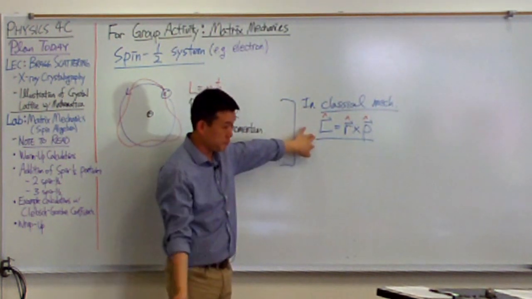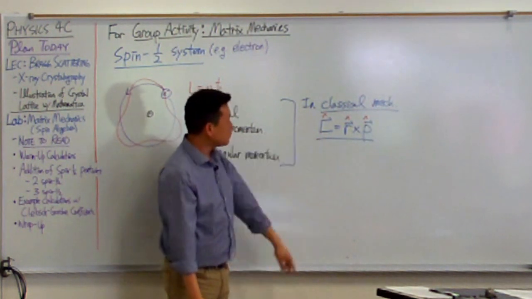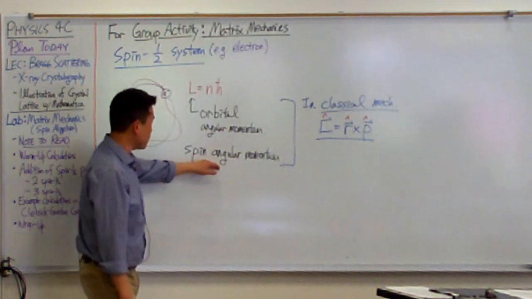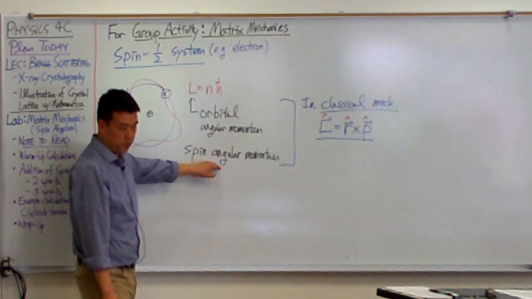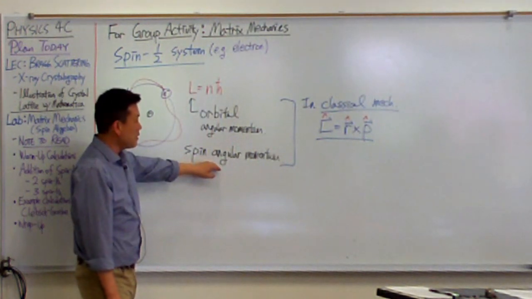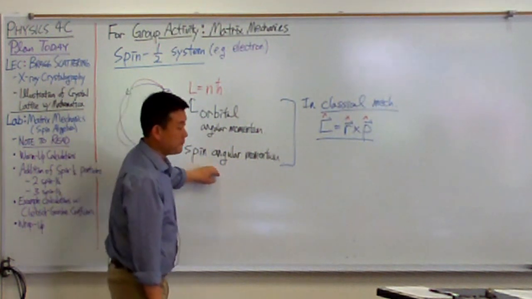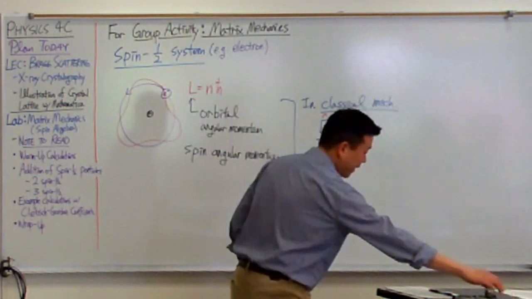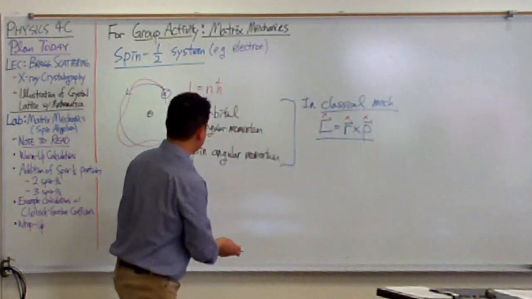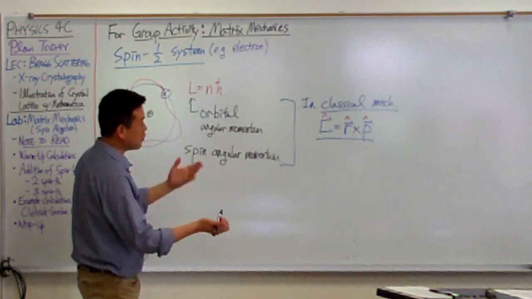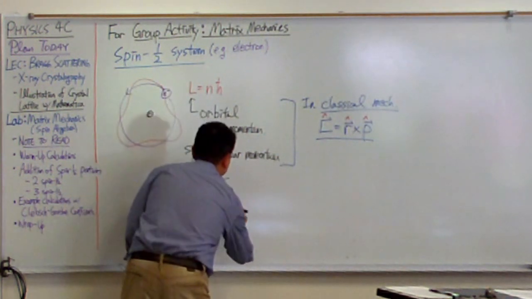It's not something new. That's why I want to tell you that spin angular momentum is a completely new concept in quantum mechanics. Now, to oversimplify it, you might say spin angular momentum is, well, think of the electron like a ball. Here's my electron.